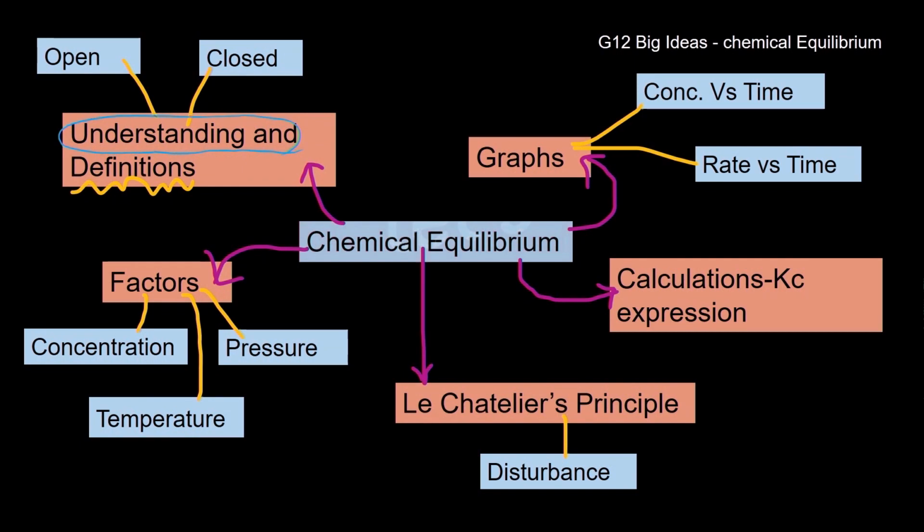The other things that we need to know about chemical equilibrium are the factors that affect that equilibrium. We're going to dive into three: concentration, temperature, and pressure. You know about pressure, Boyle's law.